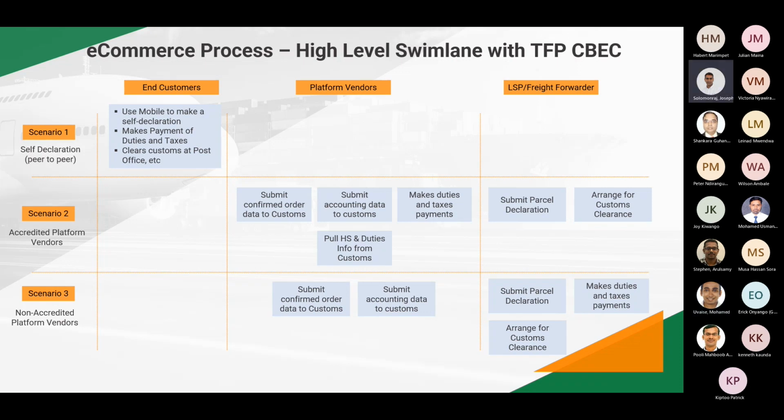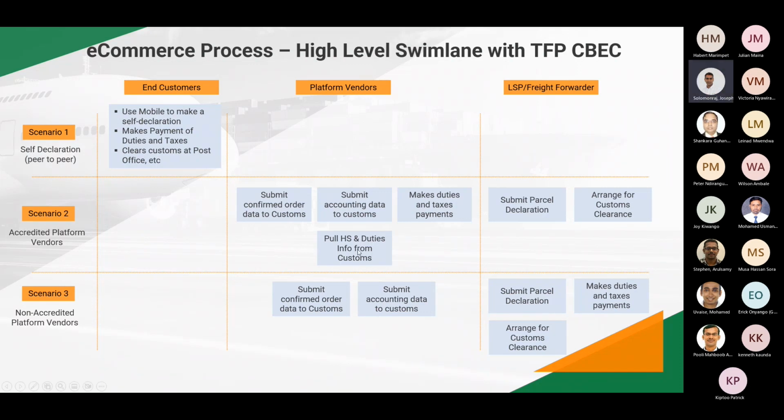Wes, let me chip in there. Sure, please. Actually, we also have a provision for the HS code. We have something called accreditation, accredited platform, right? Through this, when the vendors are accredited, they have the capability to pull the HS information and map it to the products that they sell on their platform.